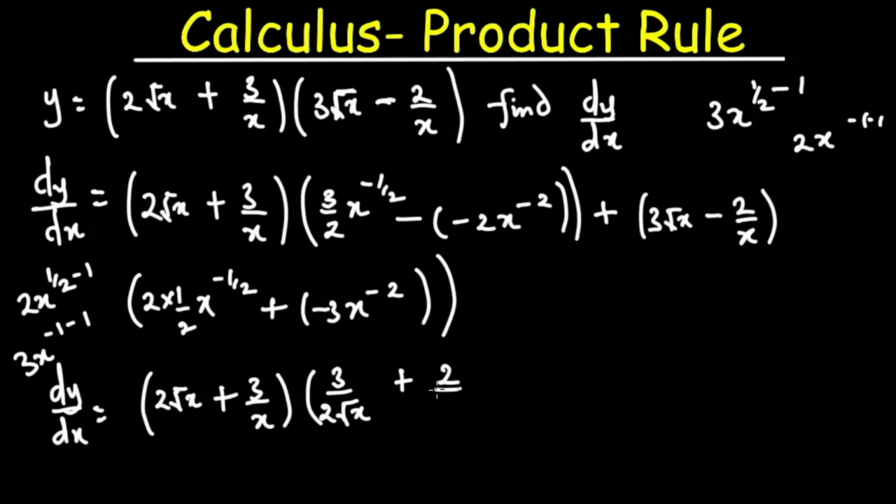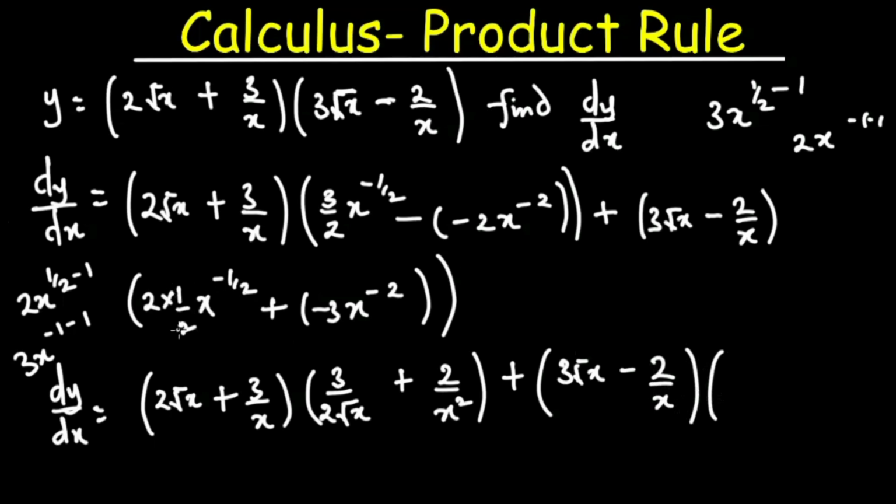So this will be 2 over x squared plus we're going to do the same thing. We have 3 root x minus 2 over x multiplied by, this will be x raised to the power minus half. 2 cancels out 2, and we can write this as 1 over root x. Then plus times minus is minus, and now we're going to write this as 3 over x squared. Alright, so we can now expand this to get our answer.